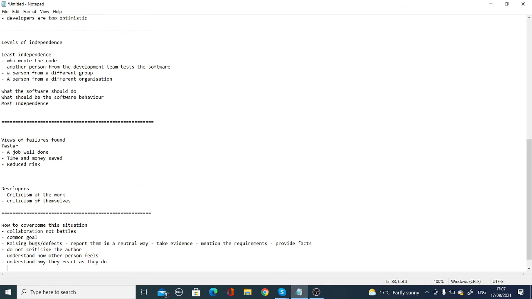And how can you resolve it? Whenever you find a bug in your testing career, you don't state who wrote it or what error they made. You provide evidence: this is the requirement, this is the test case you were executing, this was your expected result, and this is what you found, and you attach the evidence.